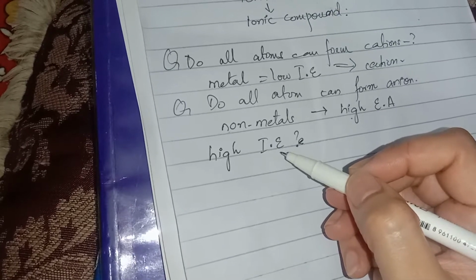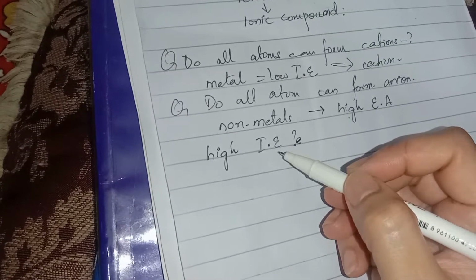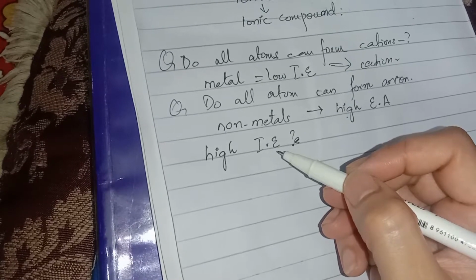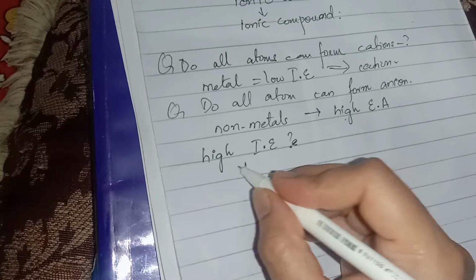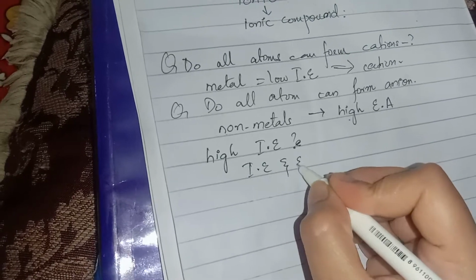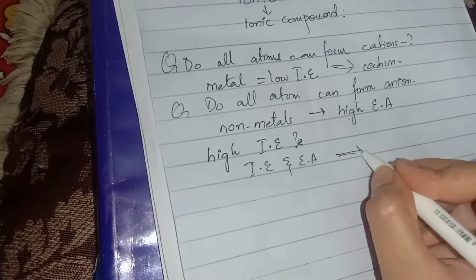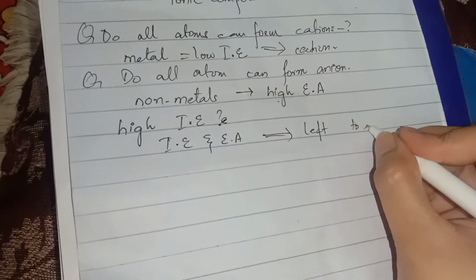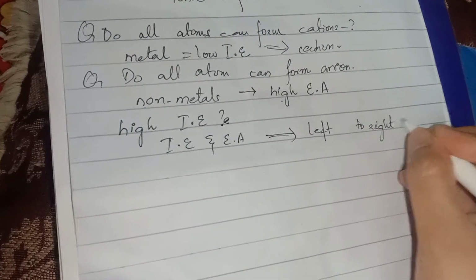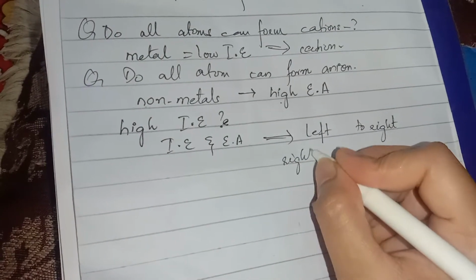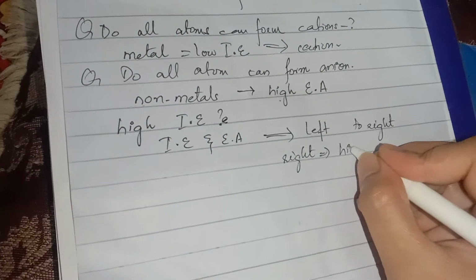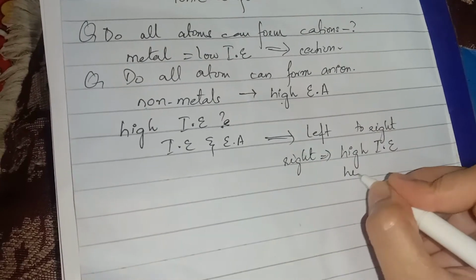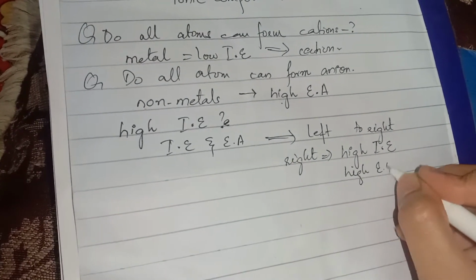Now if we look at the periodic table, and at the trends of ionization energy and electron affinity, we can see that both of them increase from left to right in a period. It means the right region of the periodic table has high ionization energies as well as very high electron affinities.